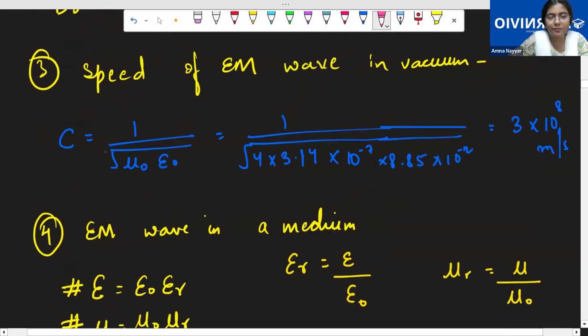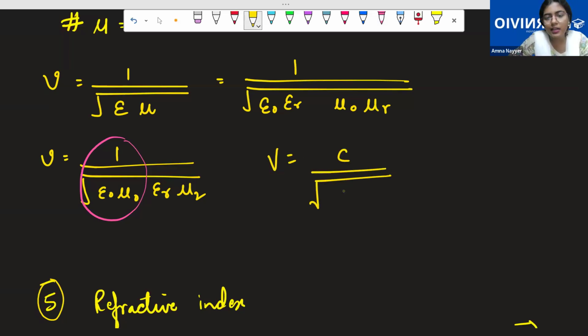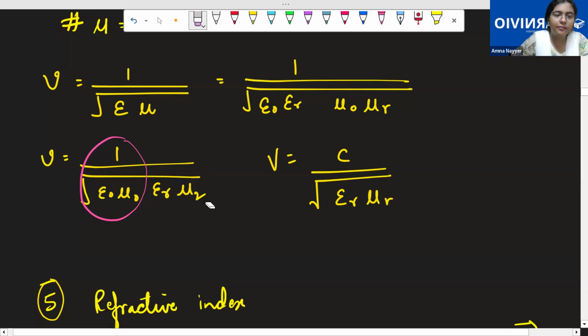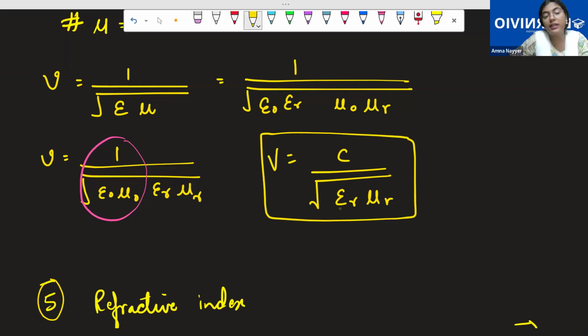C. Yes, speed of light in the air, c. So we have a relation v is equal to c by under root epsilon r mu r. Got it? So this is one relation for the speed in any medium where the relative permittivities are mentioned.